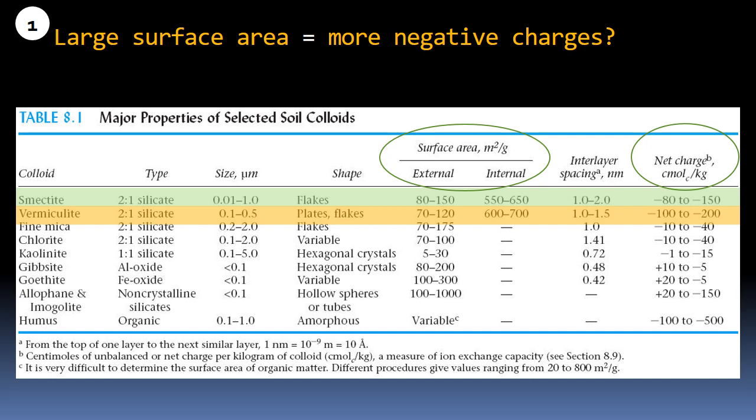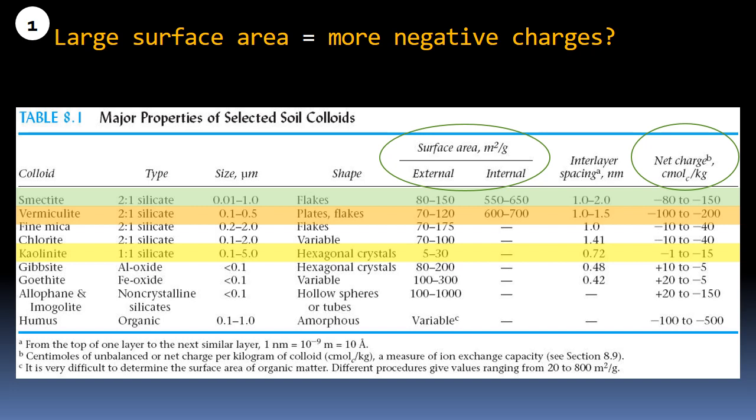And if we look at another type of clay like kaolinite, which is a 1-to-1 silicate clay, it looks like hexagonal crystal structures, and you would find that it has between 5 to 30 square meters per gram, much less surface area than the 2-to-1 clays like smectite and vermiculite, and its charge is also much less than vermiculite and smectite. So we can say that in general, the higher the surface area, you will end up with a more negative charge.